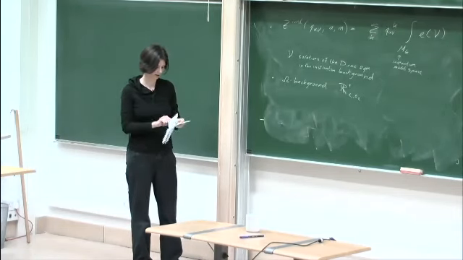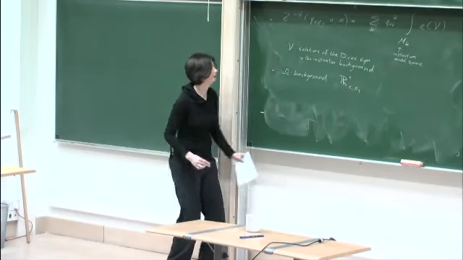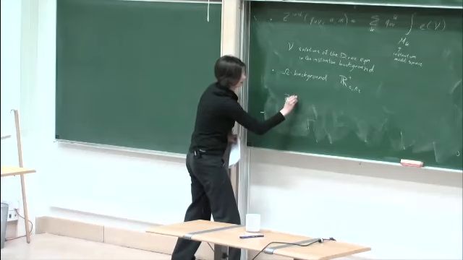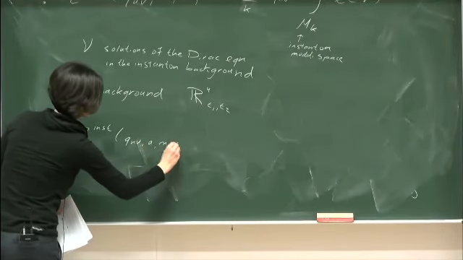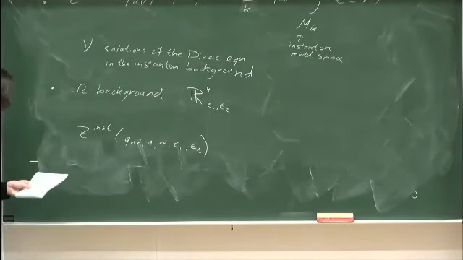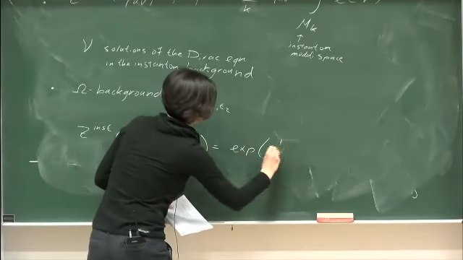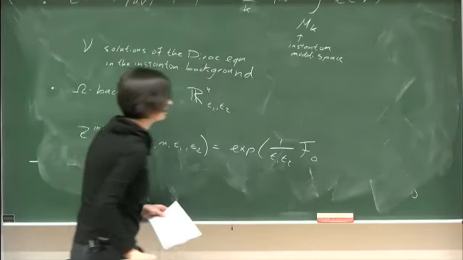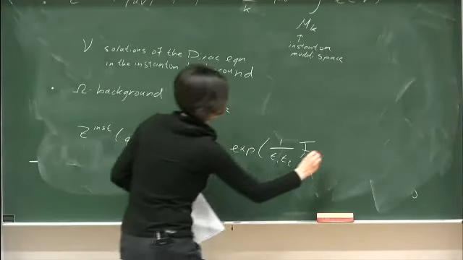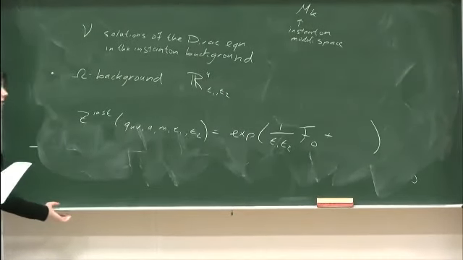And the end result will be a partition function that will depend on all of these parameters, but also on this epsilon 1 and epsilon 2. Its first contribution, as Vasily said, will be 1 over epsilon 1 epsilon 2 times the prepotential of the N=2 theory, and it will have some higher order contributions that have an interpretation in terms of gravitational corrections to the theory.